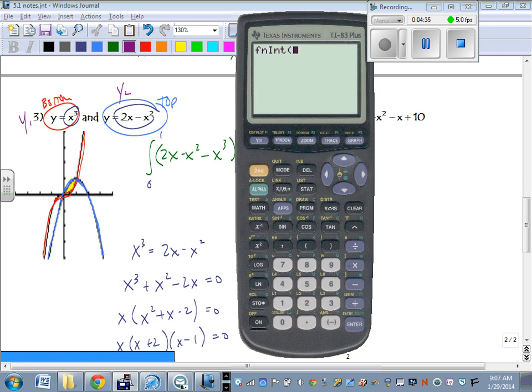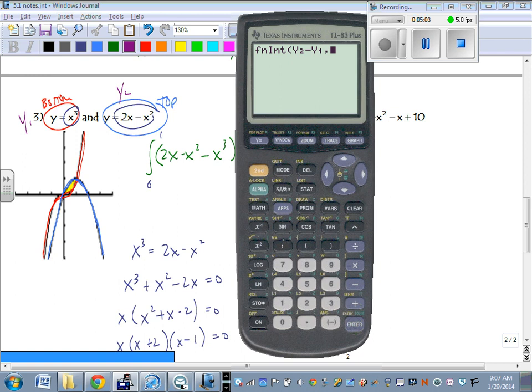So to do that, we're going to go to vars, variables, y vars, and function. So I want y2 first. Remember, it's going to be, in this case, y2 minus y1. It depends on which one's top. It could be y1 minus y2, it could be y2 minus y1. But in this case, it's y2 minus y1. So vars, y vars, function, y1.